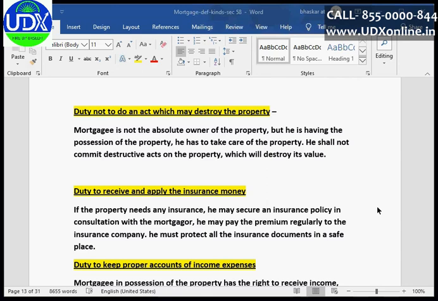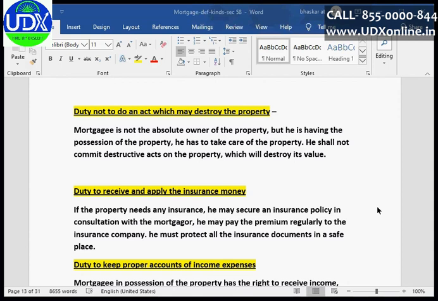And now the mortgager, since he is raising the money, receiving the loan, may transfer his duty to pay the installments to the insurance company.